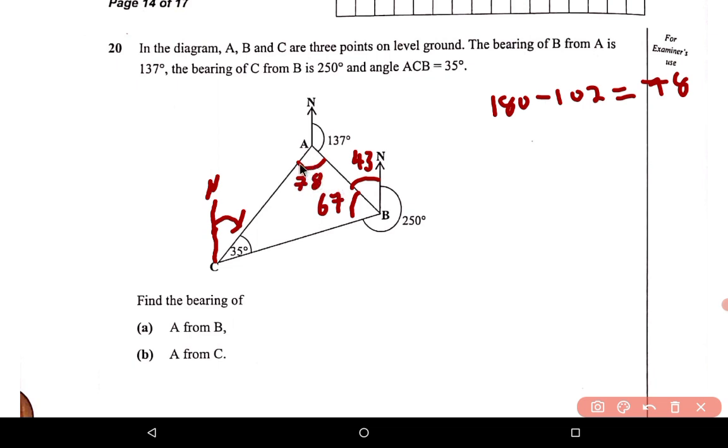Now that we have 78 here, my job is to find this one, but I have to get this first. When you add this and this plus this, it should give you 360, because it makes a complete circle. So 360 is equal to 137 plus 78, which I've just said is y. 137 plus 78 is 215.